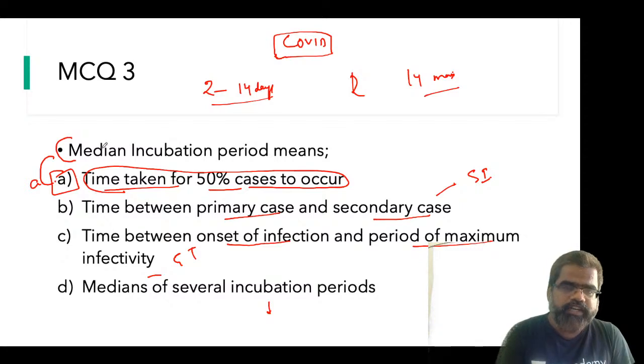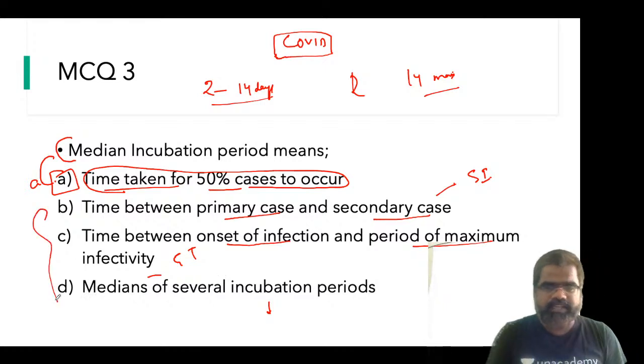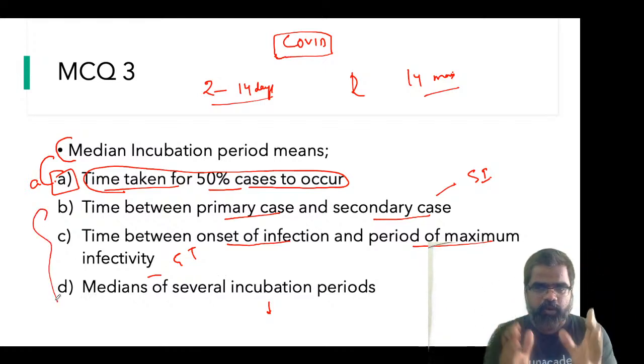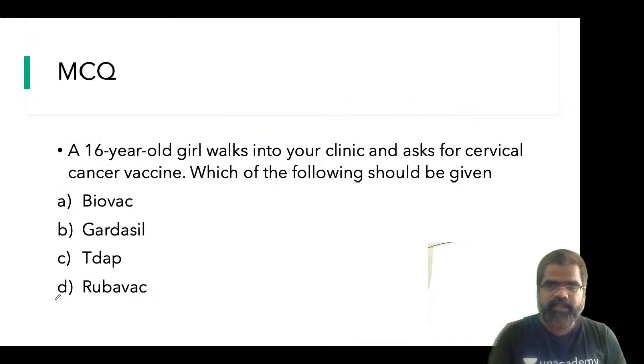So you know what median incubation period is: time taken for 50% of the cases to occur. Primary and secondary case is serial interval, and onset of infection to period of maximum infectivity is generation time. Nowadays everything becomes easy to understand when we take COVID. Okay, let's take the next one.